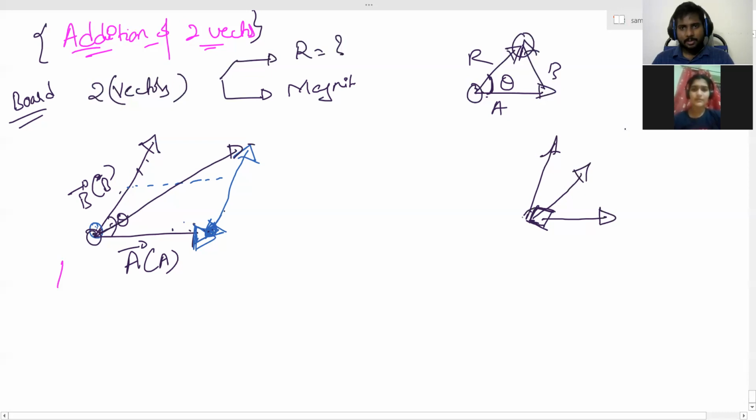Opposite directions I have studied, but if two forces are applied in two different directions, the resultant will be in this direction, somewhere between.